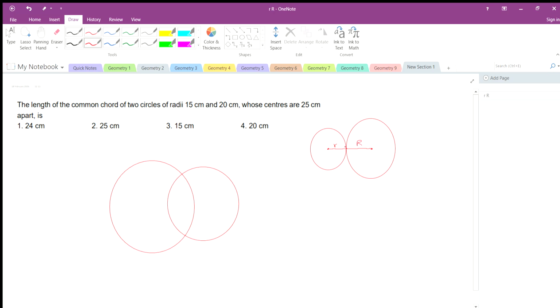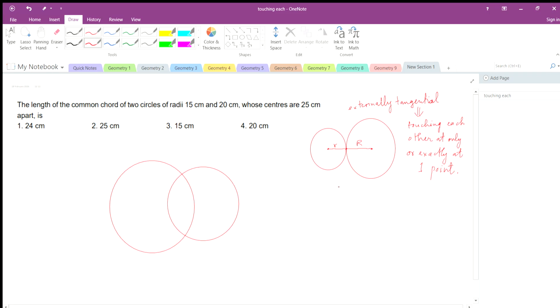They are externally tangential. And what do I mean by the word tangential? Tangential means touching each other at only, or you can say exactly, one point.